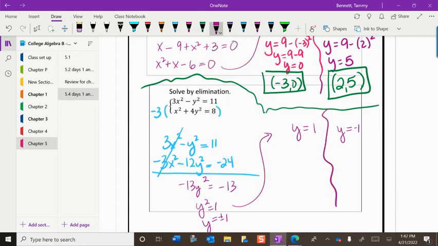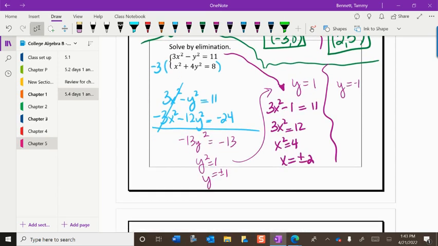So when y is 1, let's go to the top equation. So 3x squared minus 1 squared, which is 1, equals 11. So that gives me 3x squared equals 12. So x squared is 4, which means x equals plus or minus 2.